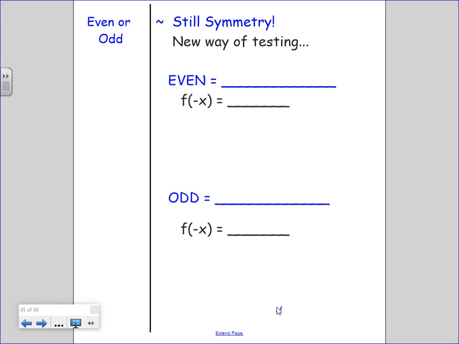No, it fails. So it can't have x-axis at all. It can either have y-axis symmetry, and there's a new name for it now. Here's just a descriptor. Anything with y-axis symmetry we can call even. So you can connect it with that symmetry test we did before. And anything with origin symmetry we call odd.